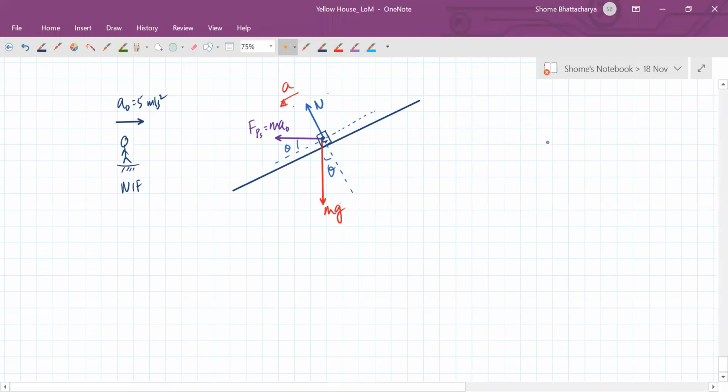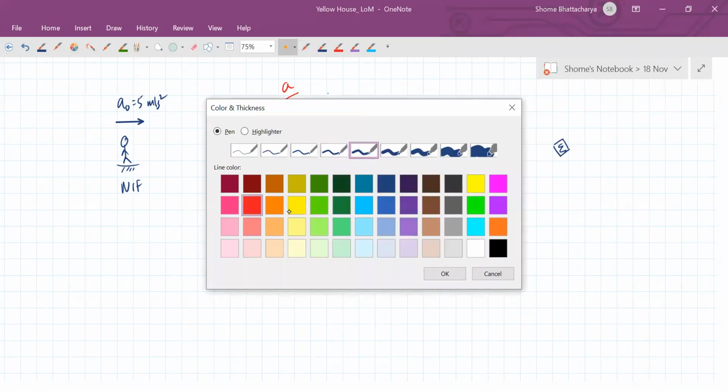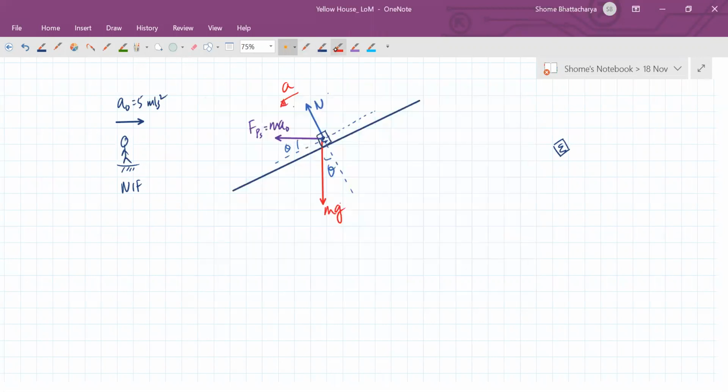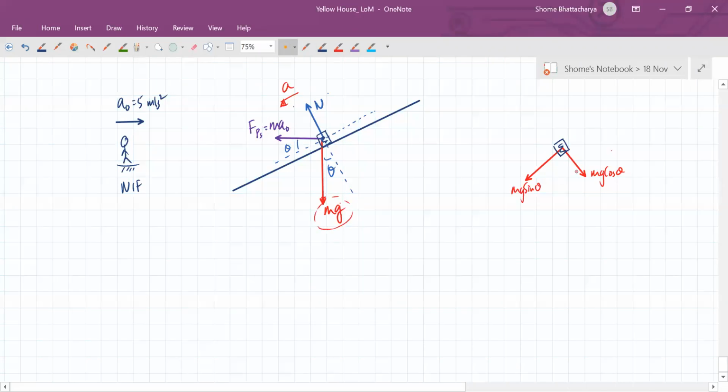So when we show the same forces in resolved form, these are mg's components which I have shown.